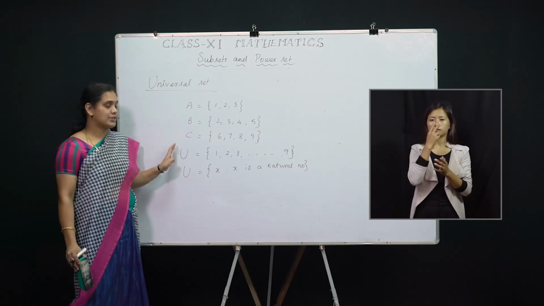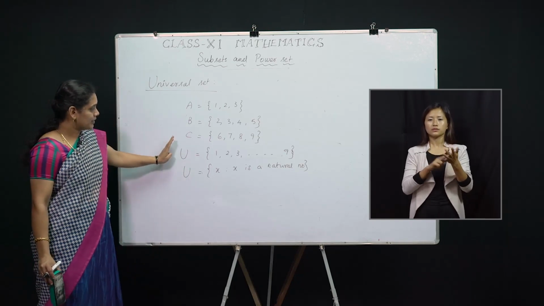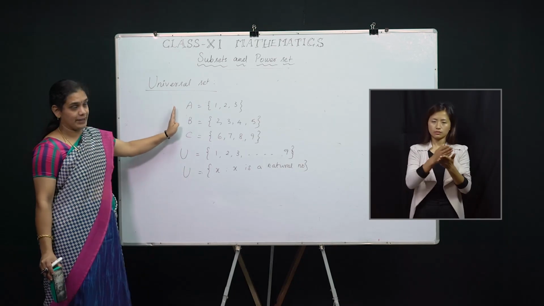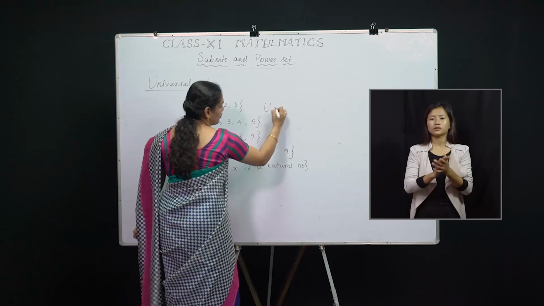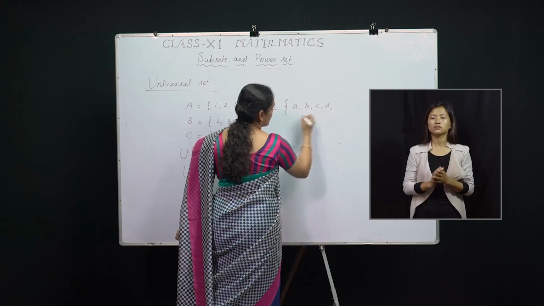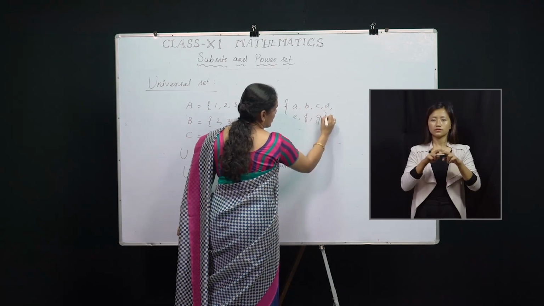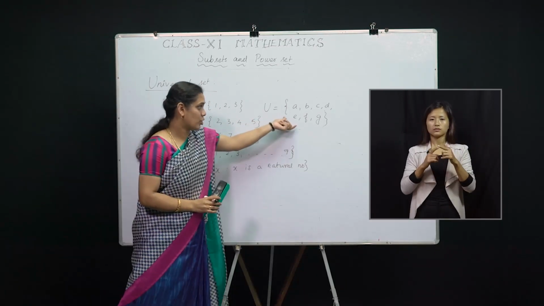According to our convenience, we choose the universal set. And it should be in the particular context in which we define the sets. For example, for this U, we cannot take a, b, c, d, e, f, g as the universal set, yes or no? Because it is not defined in the same context.